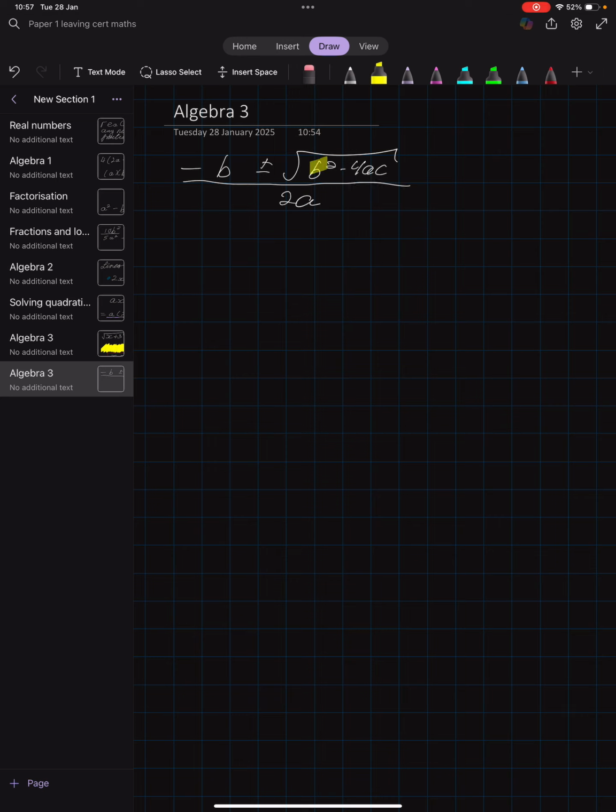The discriminant is always this thing here, okay? Basically, they want to know when is b squared minus 4ac less than 0, when is it equal to 0, and when is it greater than 0? That's what they're asking.